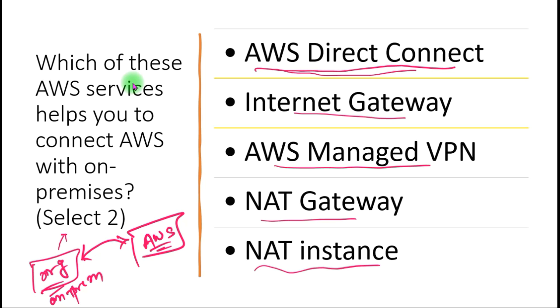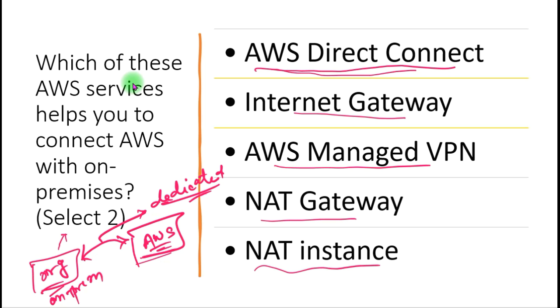AWS Direct Connect. Yes, this is the service which helps us to connect these two, and it's a dedicated connection. That means AWS will install the cables between your organization and AWS. So we will have proper high performance connectivity, and it's like a LAN connection, we can say, once it is established.